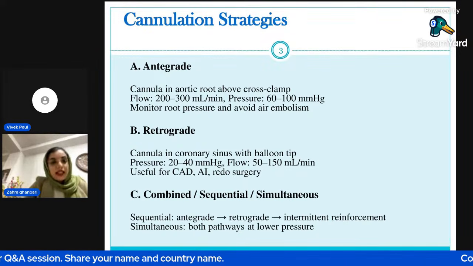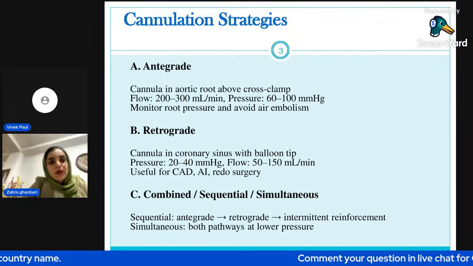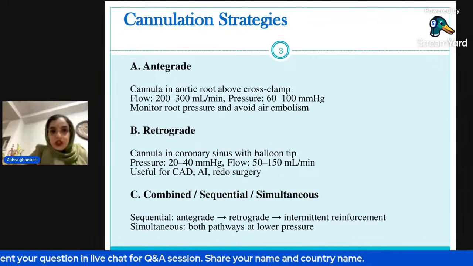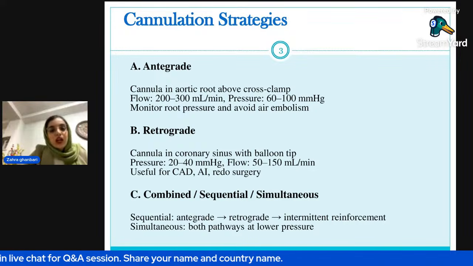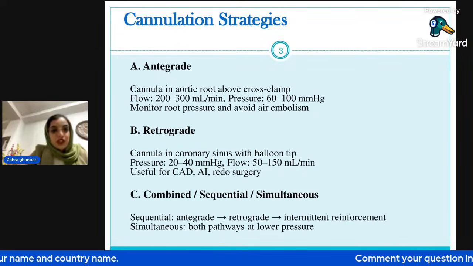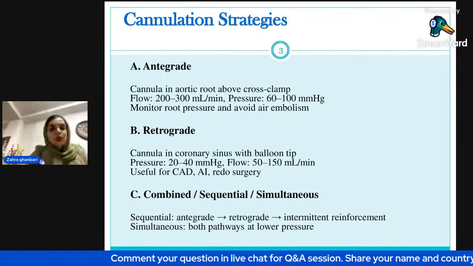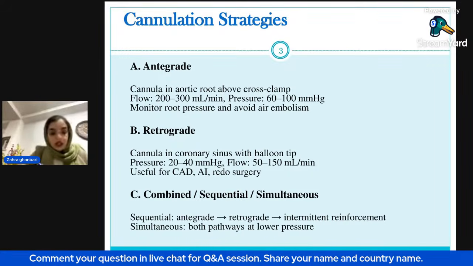The pressure of this method is 60 to 100 mmHg, millimeters of mercury, and the flow is 200 to 300 milliliters per minute. Monitoring pressure is important to prevent complications such as rupture, and we should avoid air embolism, so meticulous de-airing is important.